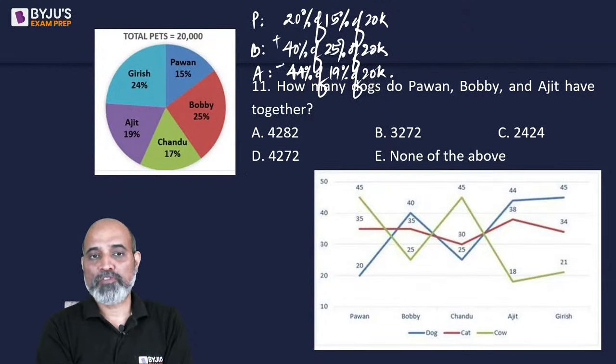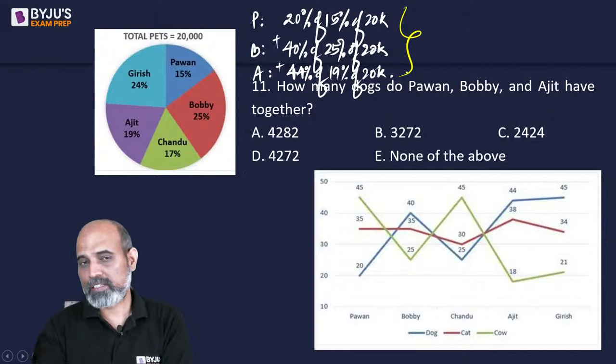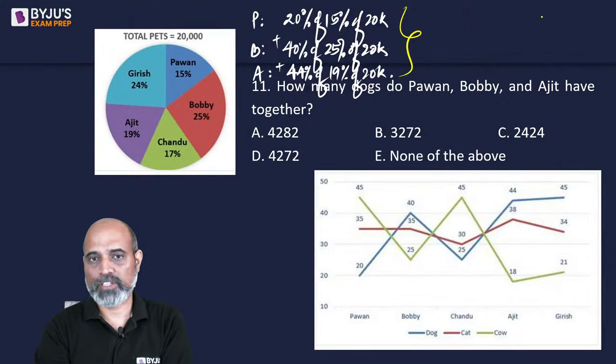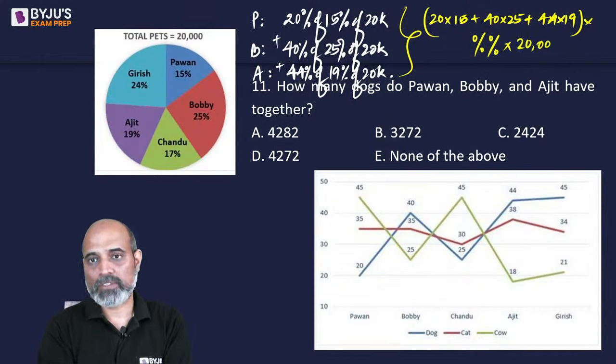Now, if I have to add these three, what I will realize is that 1,000 and percentages, they will be taken care of. Dekho, 20 into 15 plus 40 into 25 plus 44 into 19. And don't forget the 2 percentages and that 20,000.